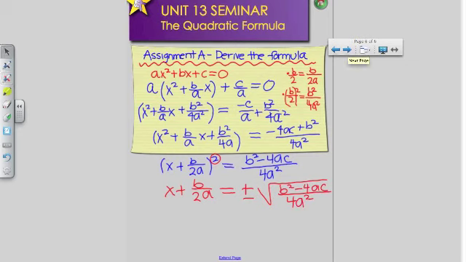However, x plus b over 2a is equal to plus or minus, I can't simplify the discriminant. That's going to remain the square root of b squared minus 4ac. However, the square root of 4 is 2, and the square root of a squared is a.